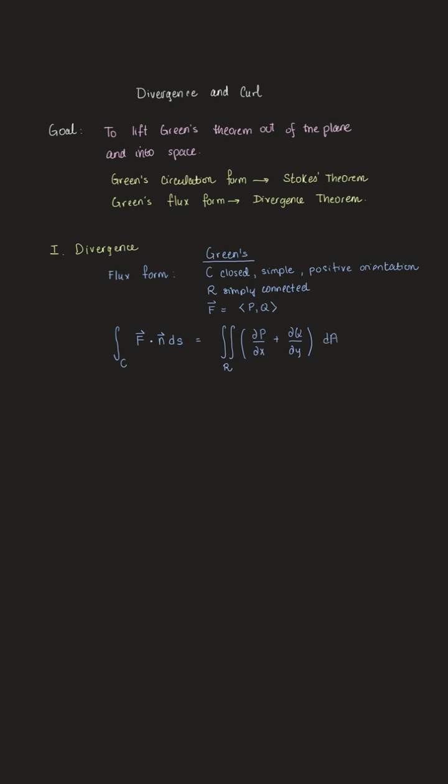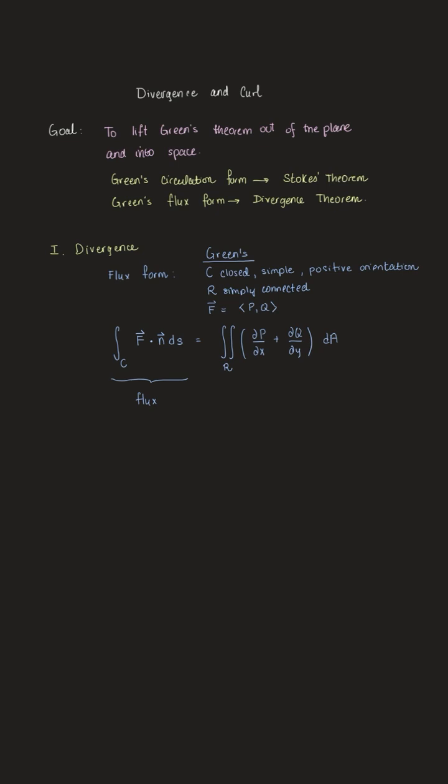And this part measures flux, or how much of our vector field passes through our curve, and basically measures how much of it is aligned with the normal.